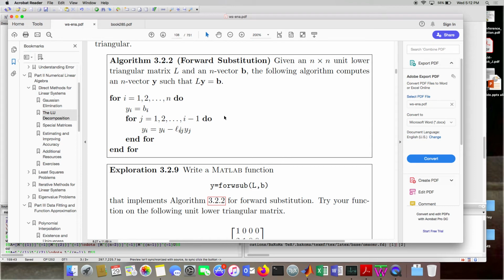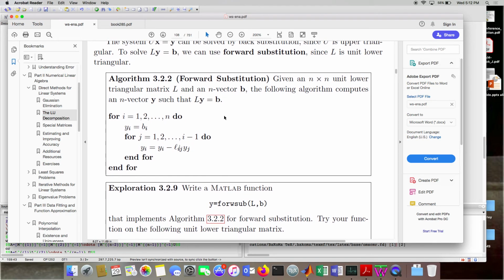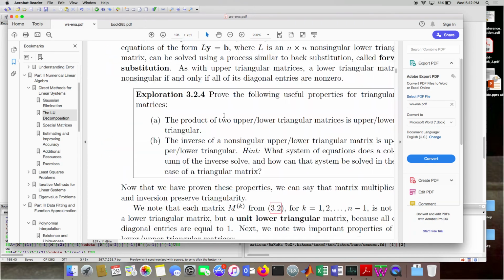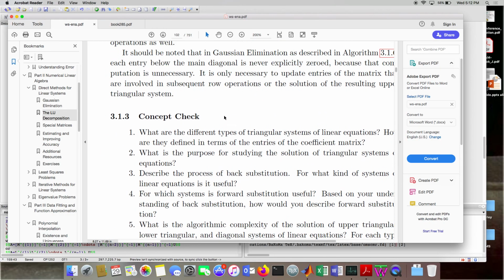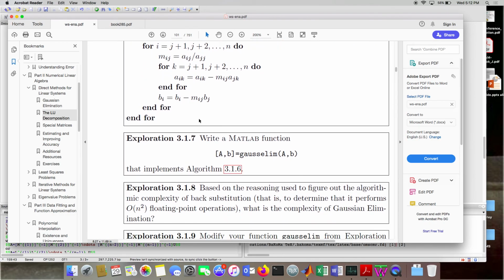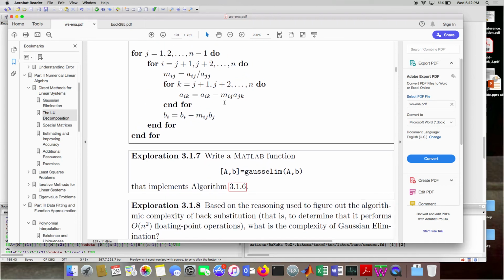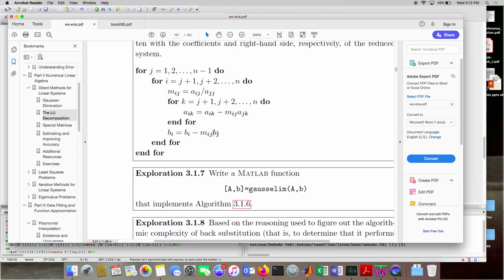So this step in Gaussian elimination, which we no longer include in the algorithm, that is forward substitution to solve the system Ly is equal to B. All I've done is take this out of here and move it into a separate algorithm so that it can be performed again and again on whichever right-hand sides you have. It doesn't have to be lumped in with the process applied to A.